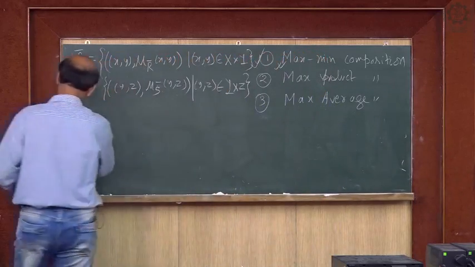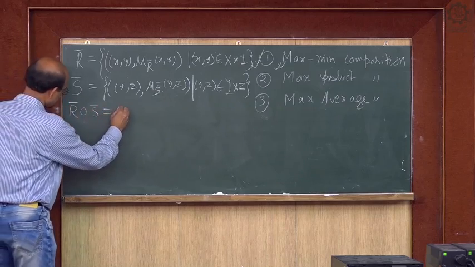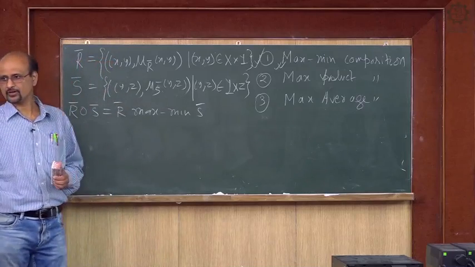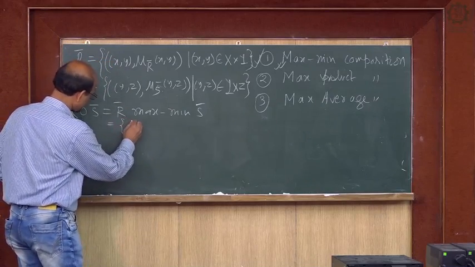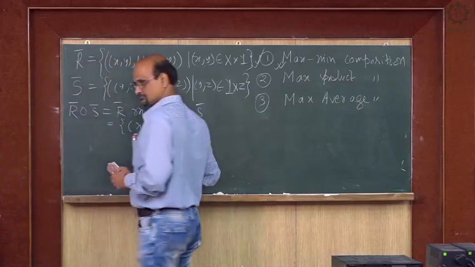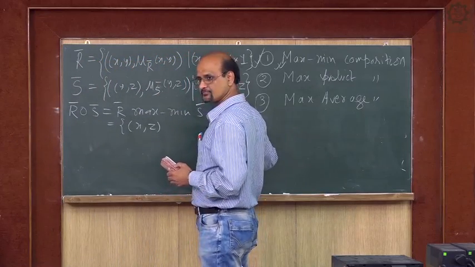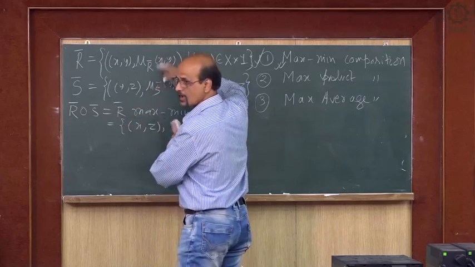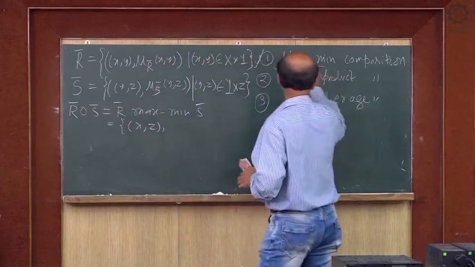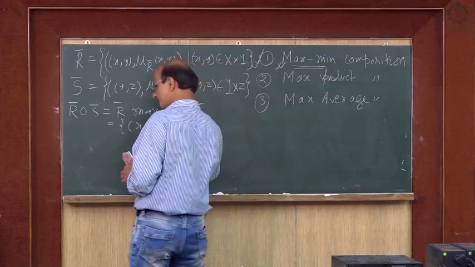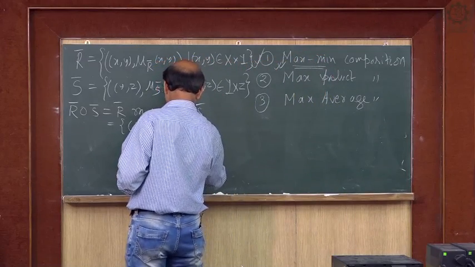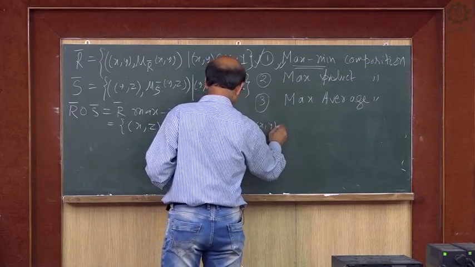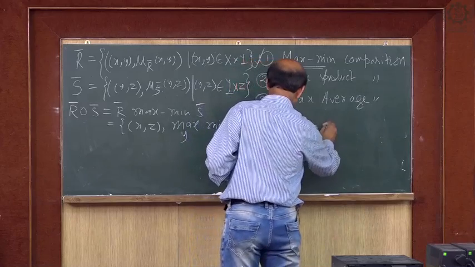So, the procedure is R max min S. The elements will be x z, and mu of, I have to combine in such a way: max over y and then min of mu R bar x y and mu S bar y z.